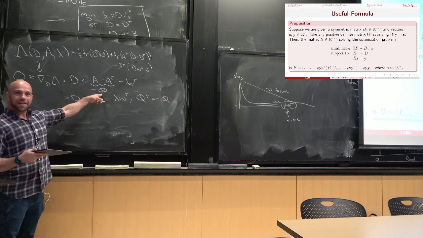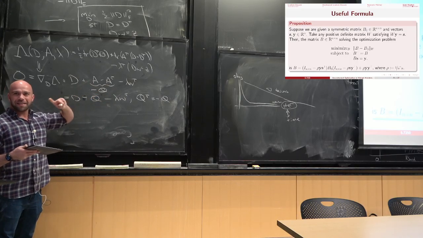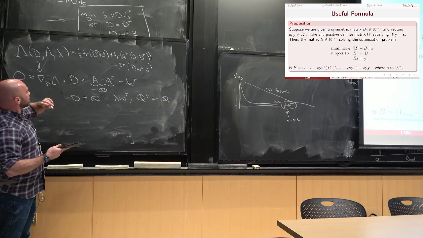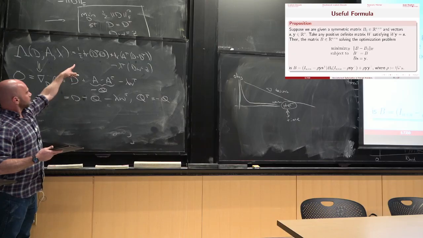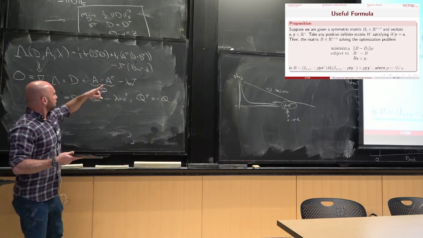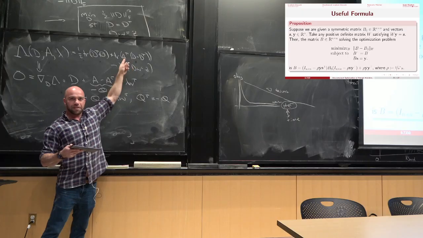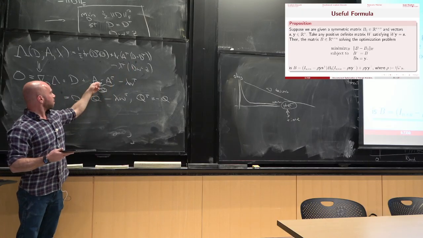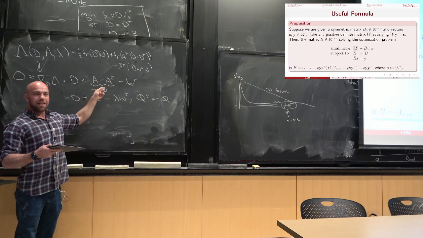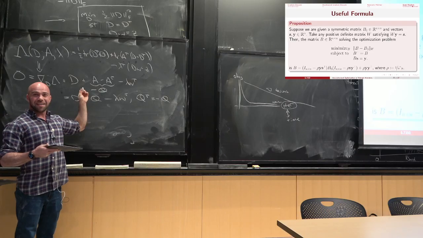I just defined Q right here. I'm just going to flip the definition of Q to be A transpose minus A. The derivative of A transpose D with respect to D is just A, so this is correct. I'm just changing my definition slightly.